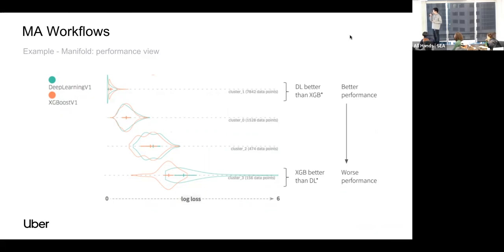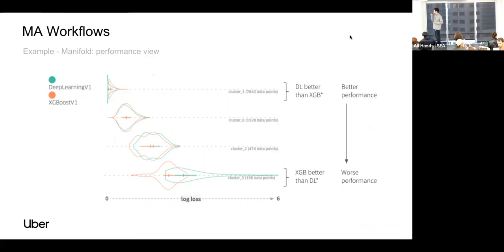And then if you look at the top figure, you will see that the green model, which is the deep learning model, tends to have a lower log loss compared with the XGBoost model, so it's better. As you go downwards, if you look at the last figure, you will see the green one is better, right? Sorry, the red one is better because it has a smaller loss value. So this means the XGBoost model is better than DL.